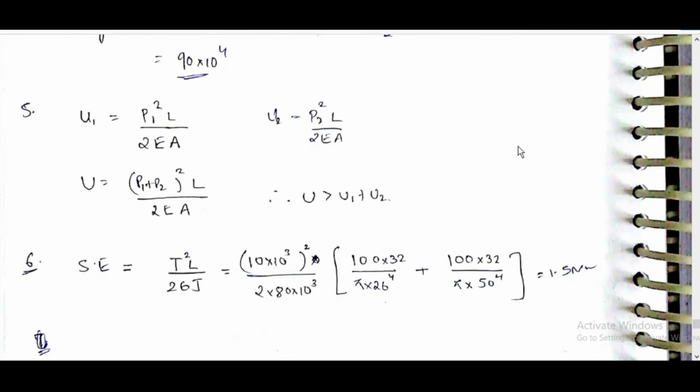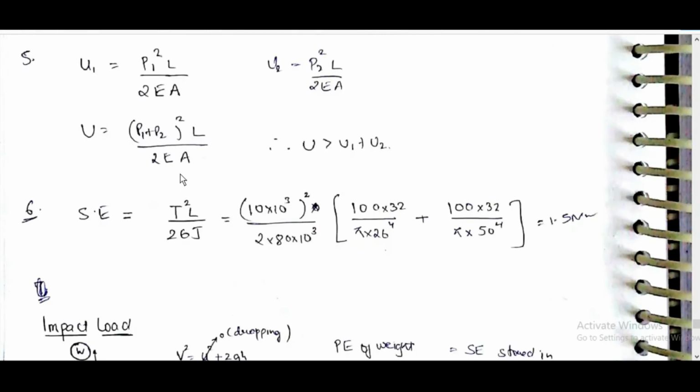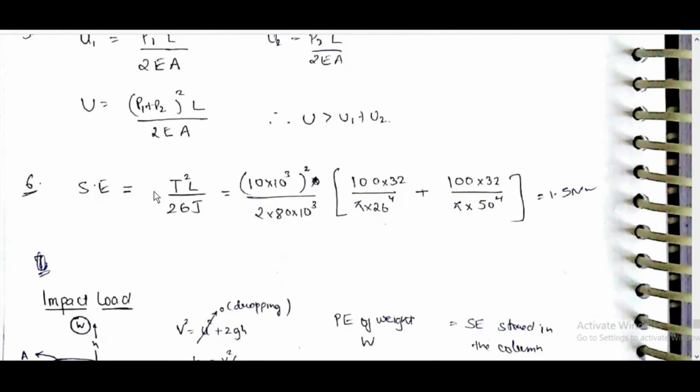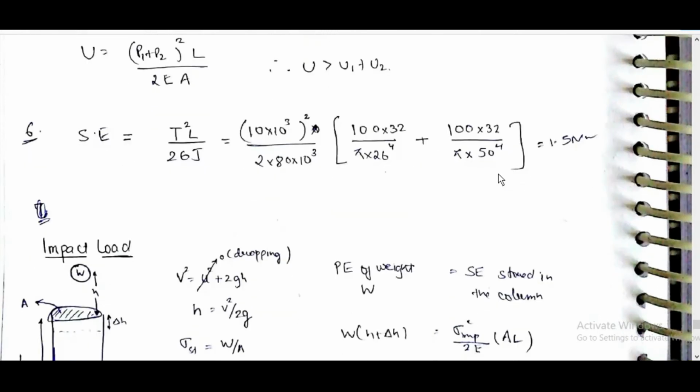But if they are combined, two loads applied, then it is P1 plus P2 whole square L by 2AE. That means U is greater than U1 plus U2. You cannot add strain energies directly if two different loads are there. You have to put it inside the whole square and then integrate or add.